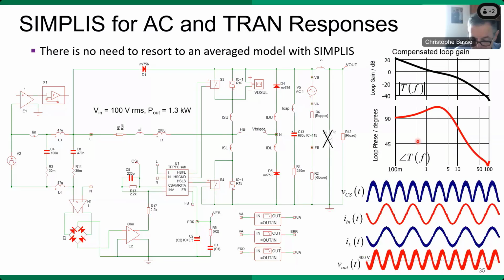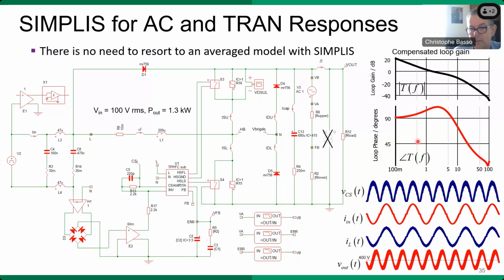It's true. However, especially when you want to look at very low frequency crossover values like a few hertz, you would need to simulate many switching cycles before being able to extract meaningful data at these low frequency values, especially when you switch at 100 kilohertz.